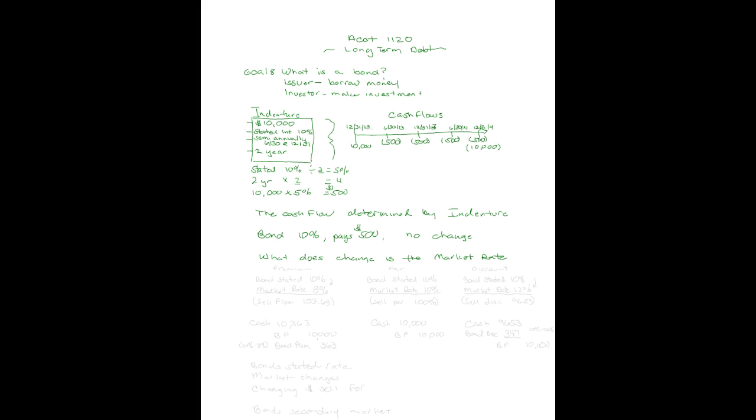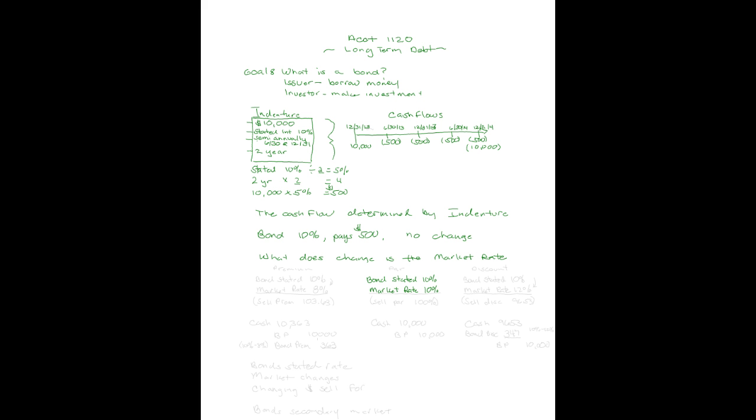You have to hire someone, they have to print the certificates, then they have to sell it, then you get your money, and that probably takes 6 months, and probably a pretty good bet the interest rates are going to change during that period of time. So our bond's stated rate to start with is 10%, and in all likelihood the market rate, or the market yield, is 10%.